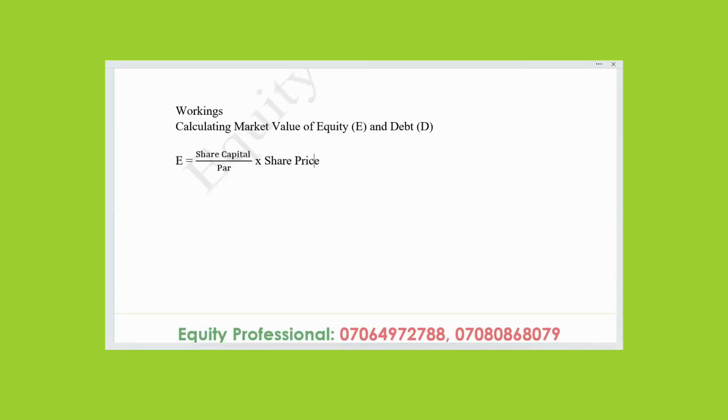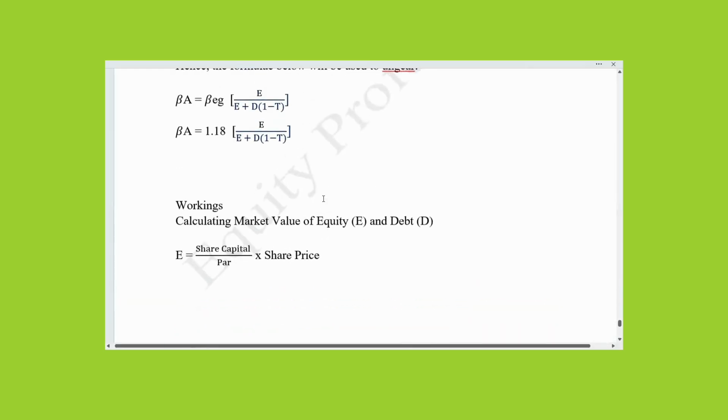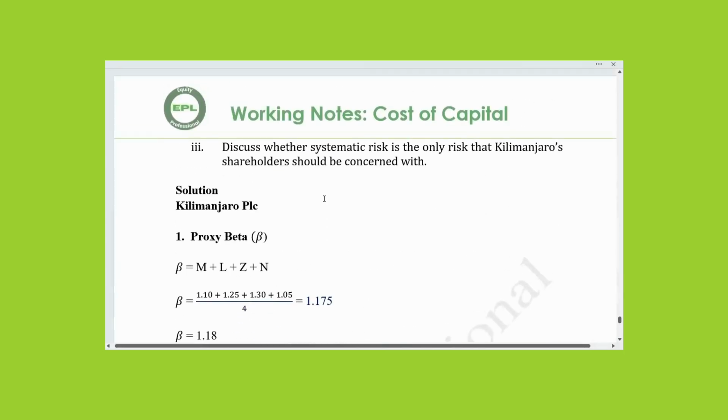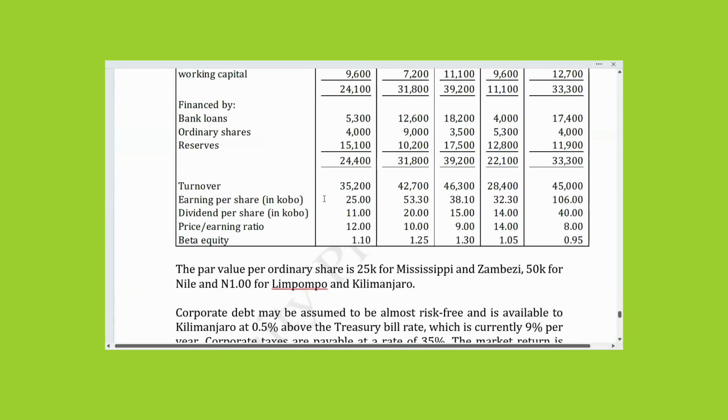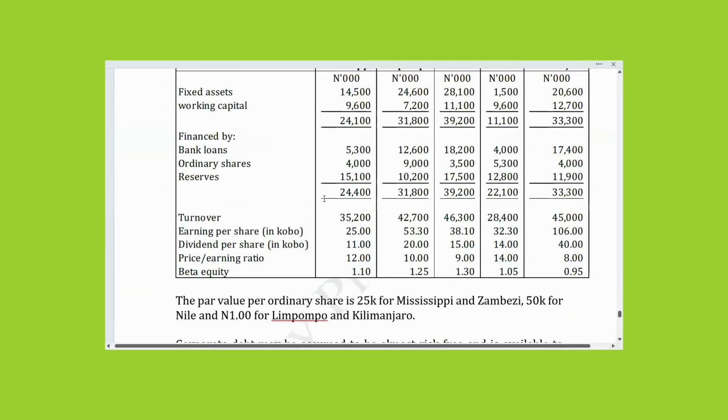Pay attention to this. The examiner has hidden something in this question. The share price is not given to us. How do you then calculate share price? It's not given to you.